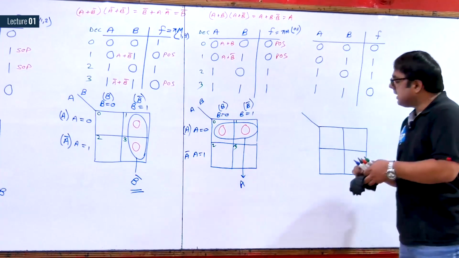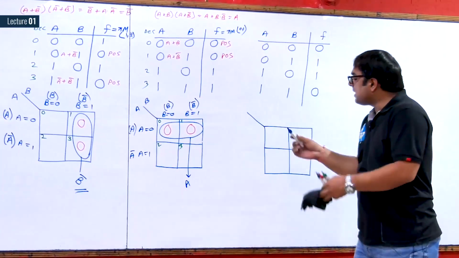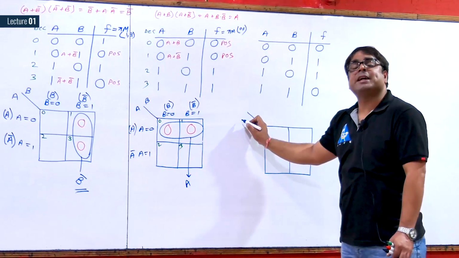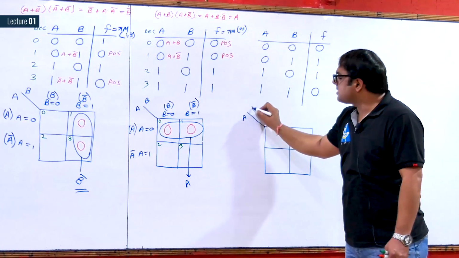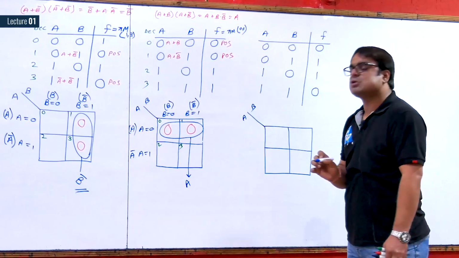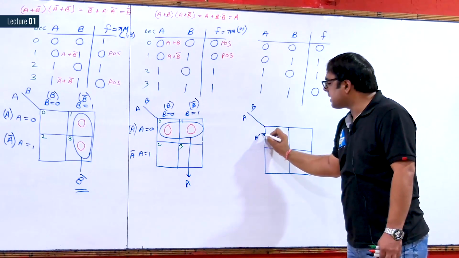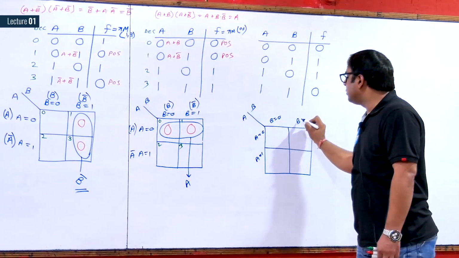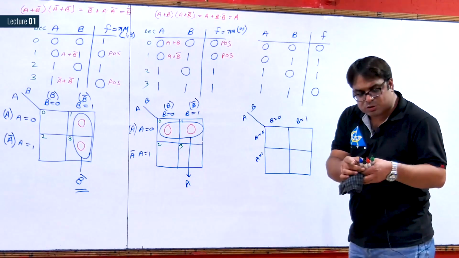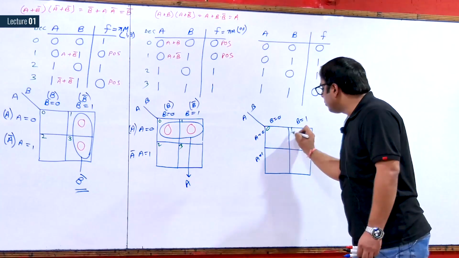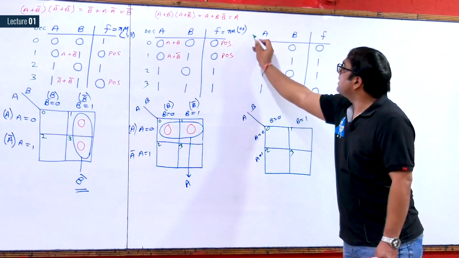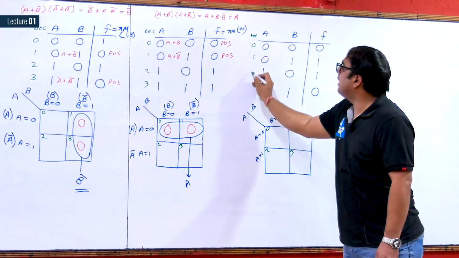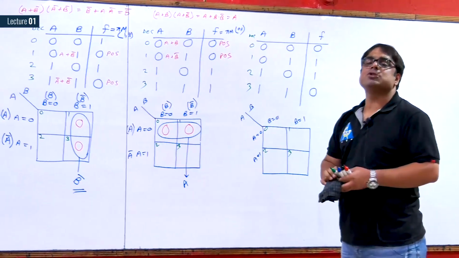Please see, last one. Now, what is irrespective of SOP and POS? This is A and this is B. This is A is equal to 0, A is equal to 1. This is B is equal to 0, B is equal to 1. The decimal numbers 0, 1, 2, 3 are also irrespective of SOP and POS.